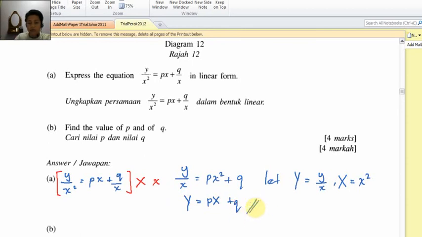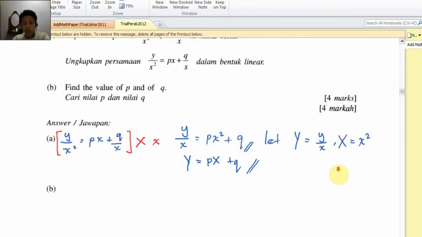There you go. Well, this answer above is quite good already. It should give you full marks. But you know, I just substitute with another two variables so that it really looks linear. Then find the value of p and q.